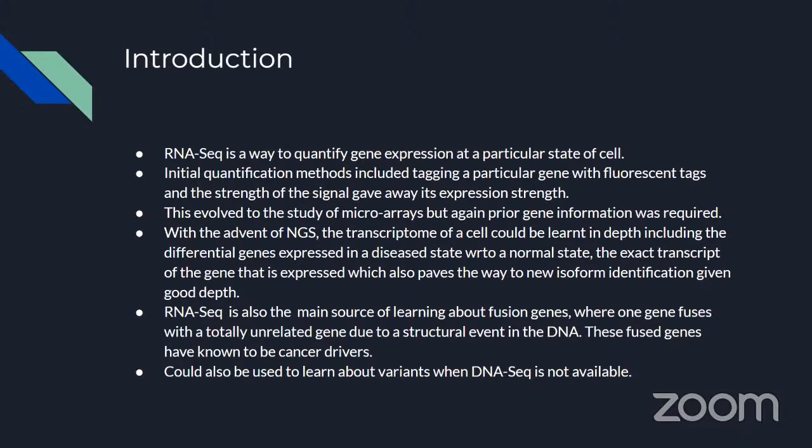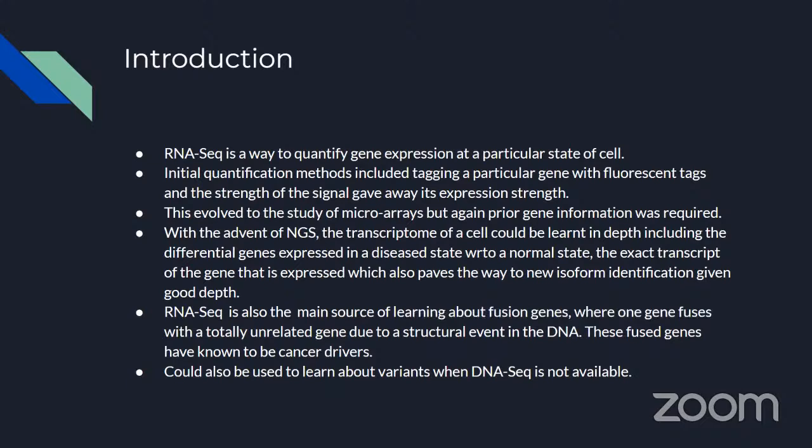So RNA-seq is a very good source to learn about that. But obviously the validation has to be done using something else, for example, if you want to go even more downstream and validate with proteomics analysis.